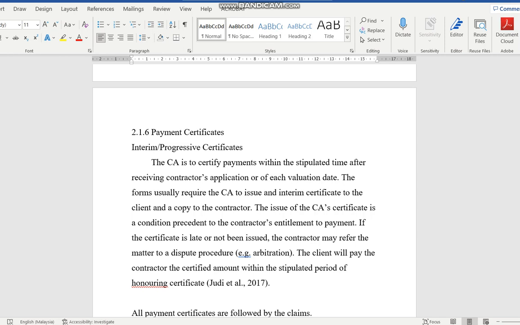So prime cost sum, you may be asking me. Prime cost sum is for an item. Let's say doorknobs, valve, it's like a part item. Provisional is for work. Prime cost is for item. Item that the model is not confirmed or the item itself is not fixed yet, then you have a prime cost sum.